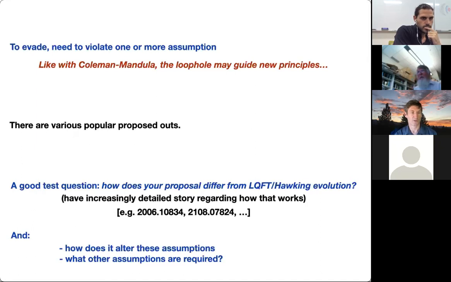We've heard about some of them, but a good test question is to bring it back to how your proposal, whatever your favorite proposal is, how precisely it differs from the local quantum field theory evolution, which gives you the Hawking picture. And we have an increasingly detailed story regarding how that works, for example, in real-time evolution. And part of that question is, how does your picture alter these assumptions, and what other assumptions are required? And there are a number required.